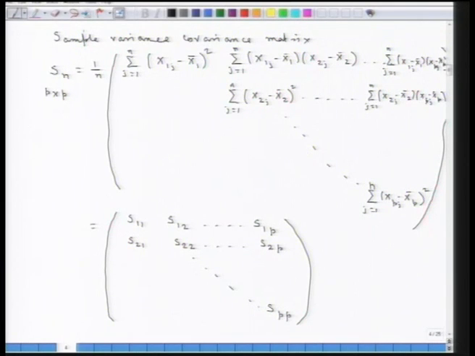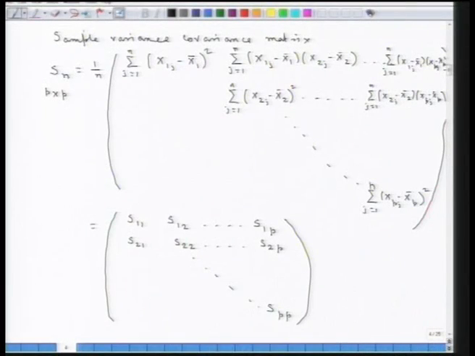matrix, right. Now if we define the sample variance covariance matrix through divisor n minus 1, we will see later on that one of them would be an unbiased estimator of the population covariance matrix sigma, and the other is going to be associated with the maximum likelihood estimator when we talk about random sampling from a multivariate normal distribution.